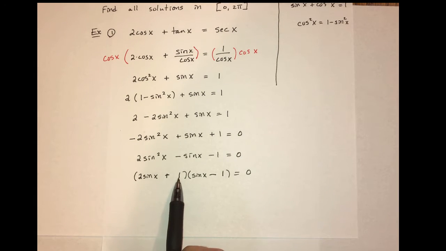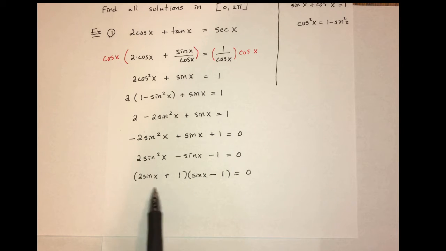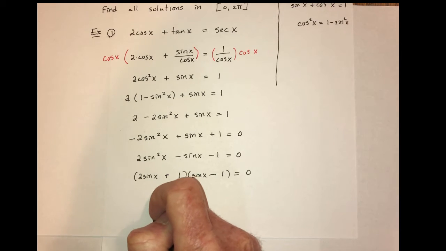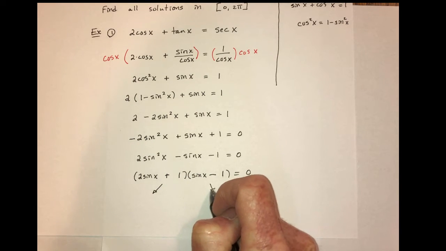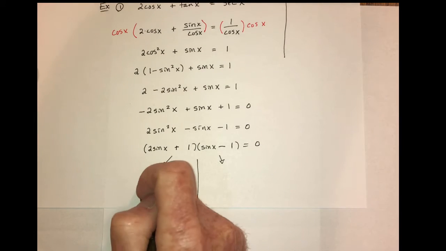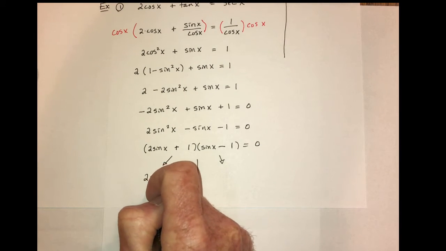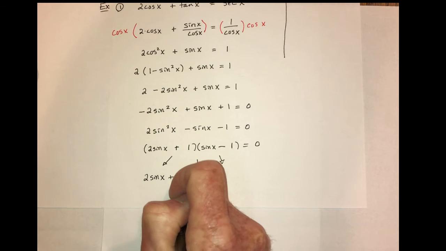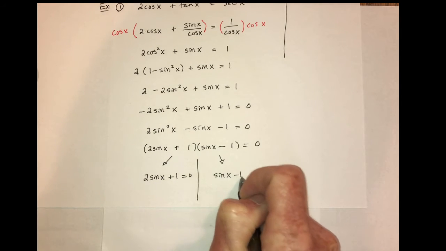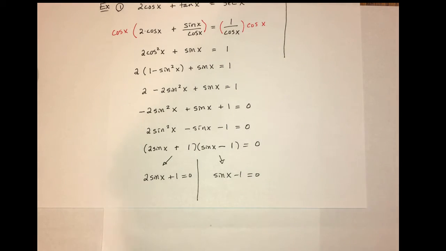And then if you check the middle term, this would be a positive 1 sine x, and then this would be minus 2 sine x, which leaves behind the minus sine x. Then set these equal to 0 separately as two separate problems. So it's going to say 2 sine of x plus 1 equals 0, and sine of x minus 1 equals 0.